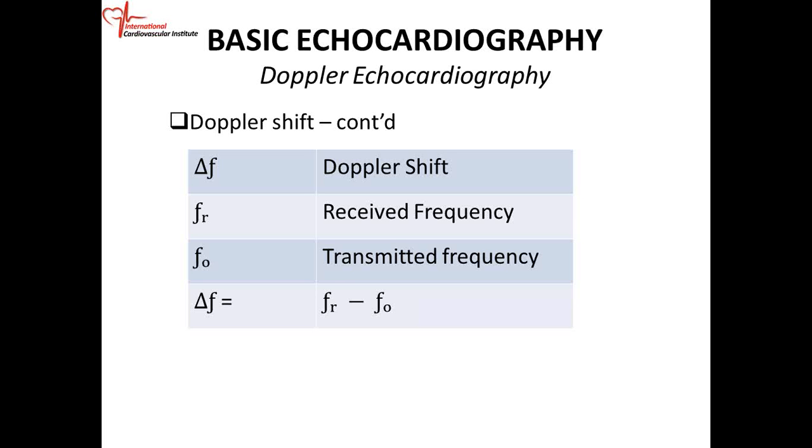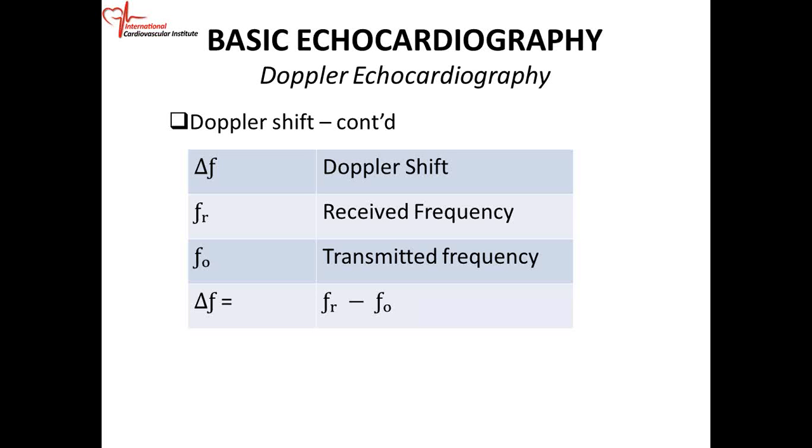That is what we call the received frequency. But the actual frequency, what the horn is producing, is the same. It's not changing. So that's the transmitted frequency. And the Doppler shift is equal to the received frequency minus the transmitted frequency.